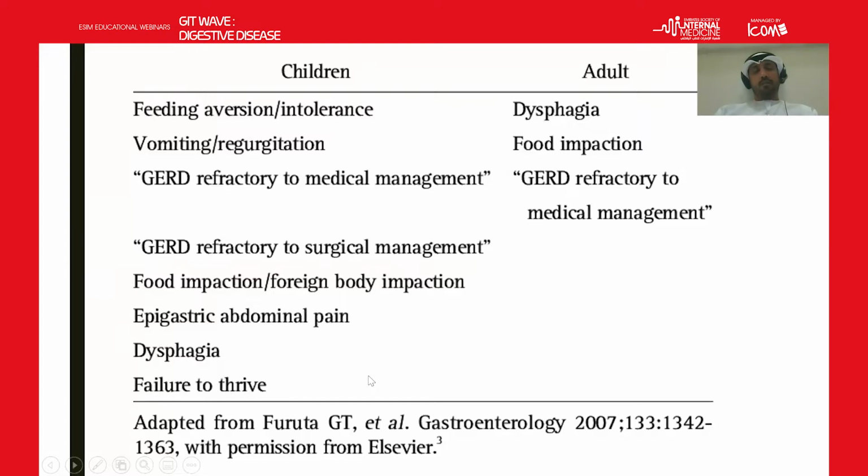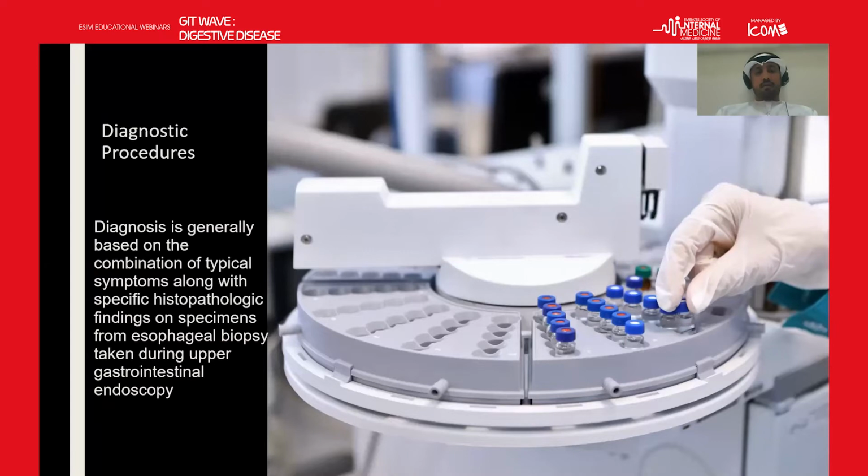While in adults, the main complaints will be dysphagia, food impaction, and GERD refractory to medical management. So if we suspect eosinophilic esophagitis based on these symptoms, such as food bolus or dysphagia in a young adult with no explanation for it, what should we do?